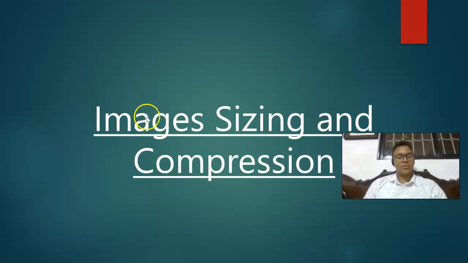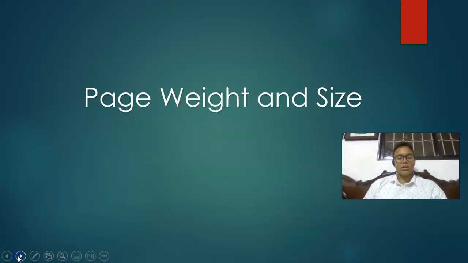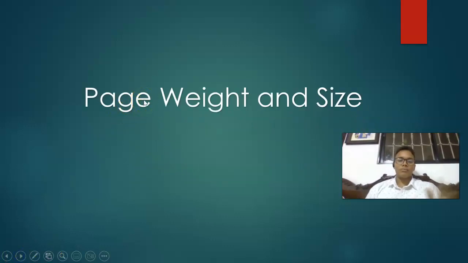I'm 21 years old. My topic for this week is image sizing and compression, an interesting topic that is really important when we are creating our website. The first thing I want to talk about is these two topics, page weight and the size.